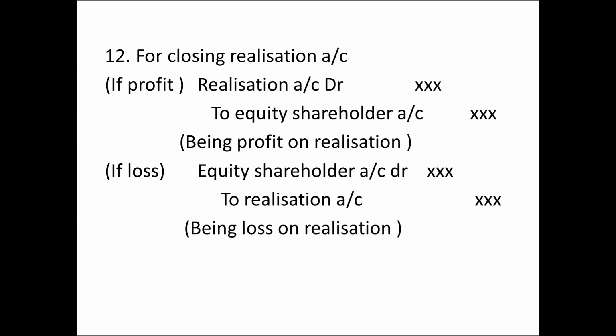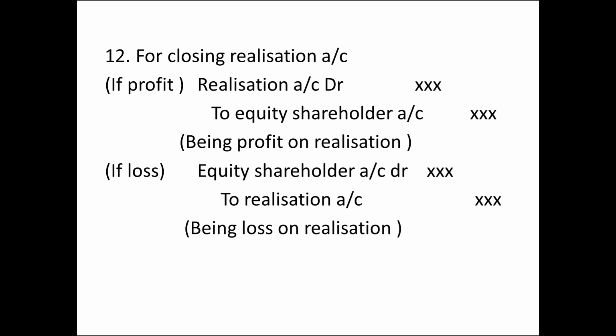In such a case, you have to open a realization account, a realization ledger, post the concerned entries, and find whether there is profit or loss. If there is profit on realization, the entry is realization account debit to equity shareholders account. Else, if there is loss, the entry is equity shareholders account debit to realization account.